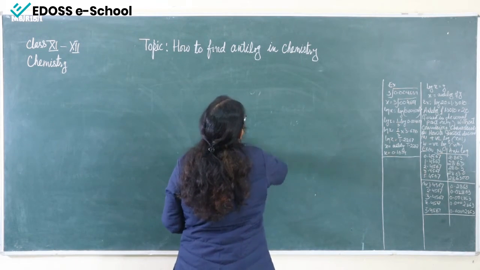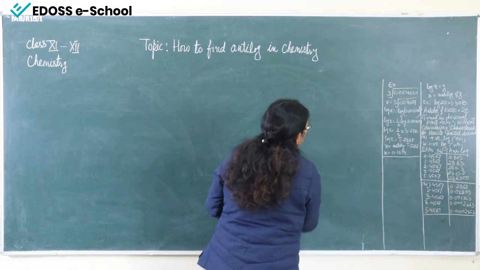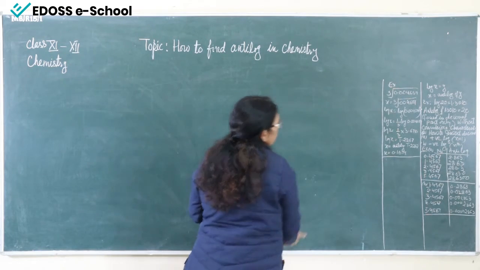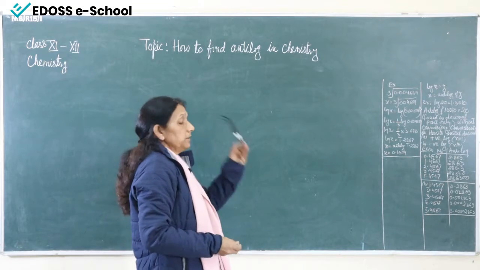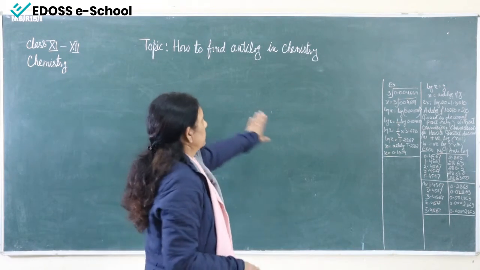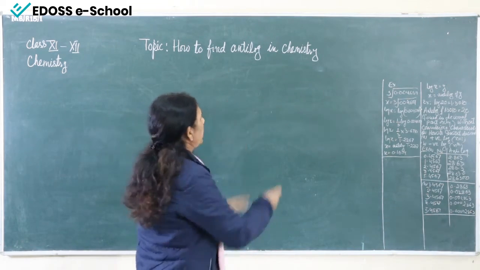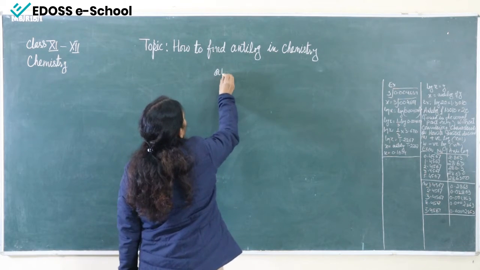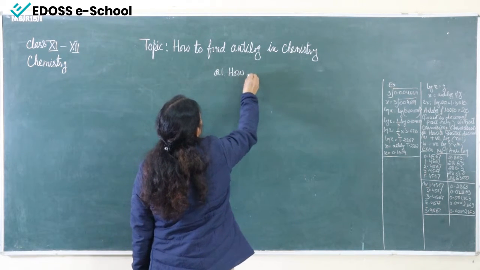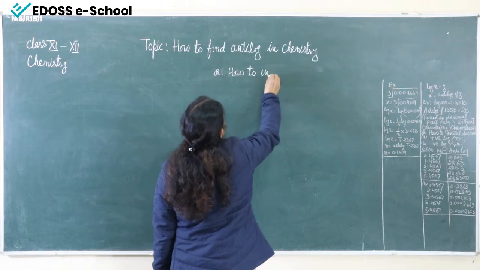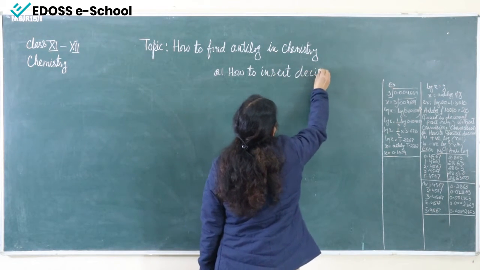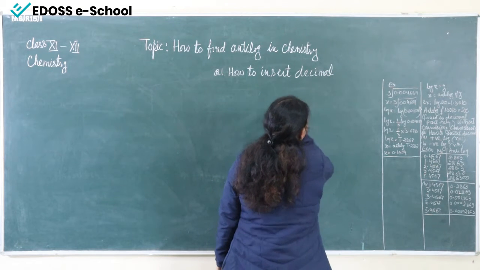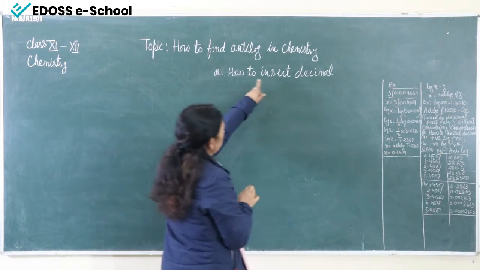Now see what the rules are. The first important thing in antilog is how to insert the decimal.